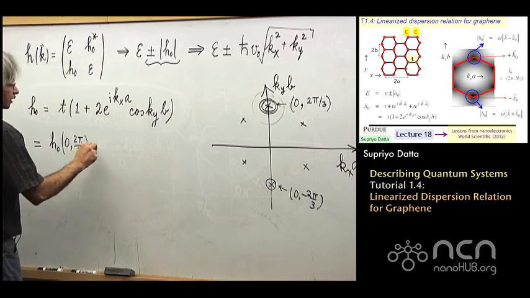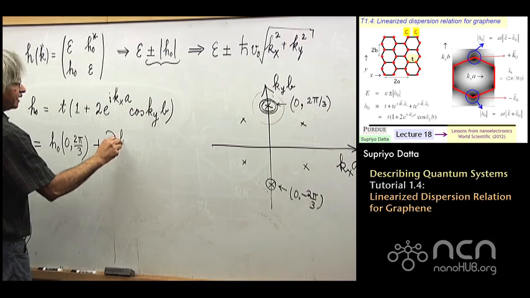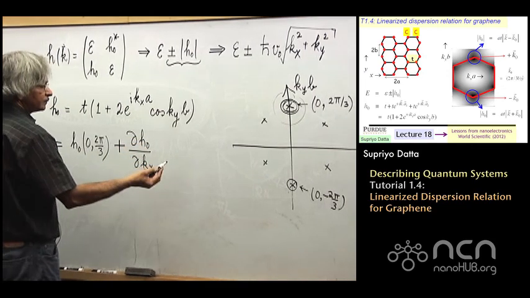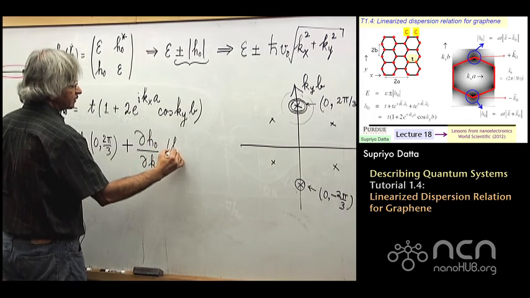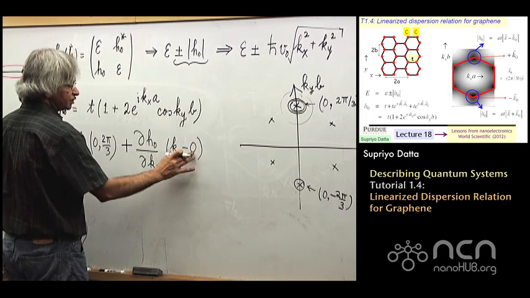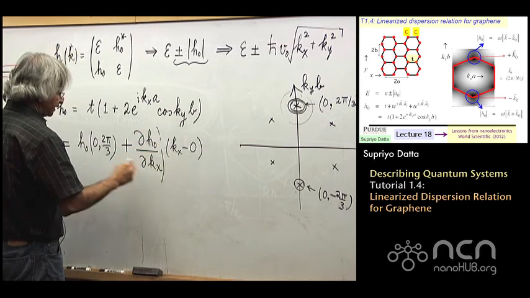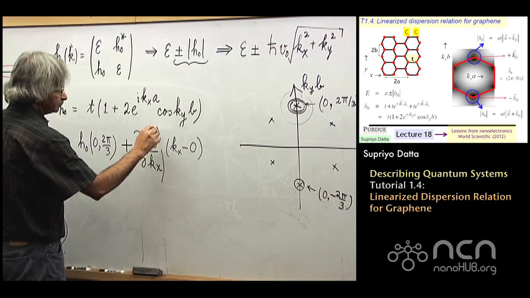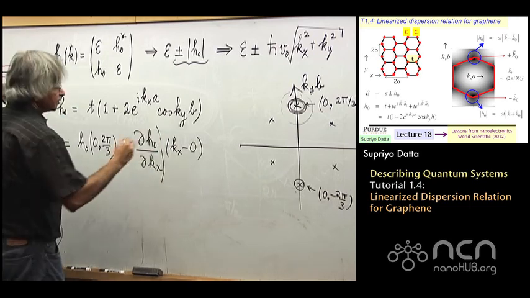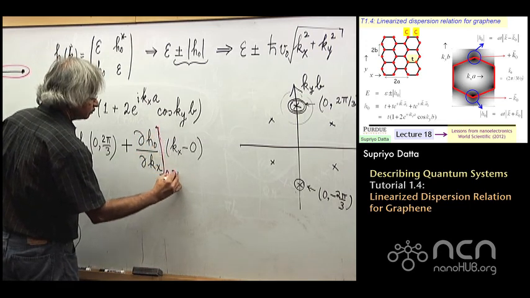And then I expand it around that point by saying, okay, let's take del H0 del Kx and multiply it by Kx minus the point that I've expanded around, which is 0. And this derivative is taken exactly at that point. So let me write it with a red pen. This derivative is at 0, 2 pi over 3.